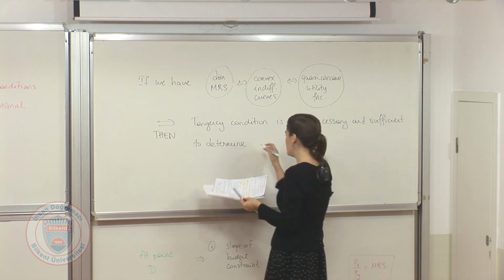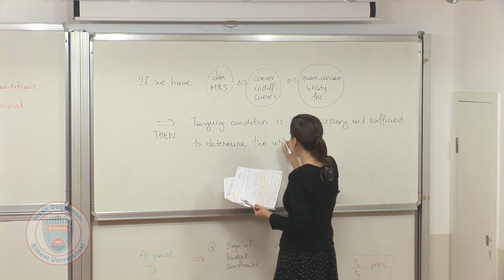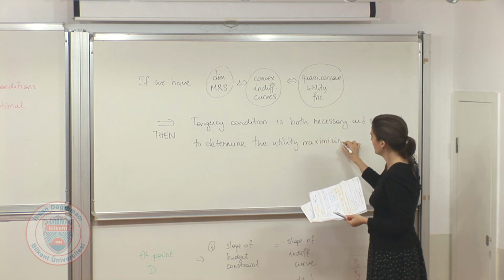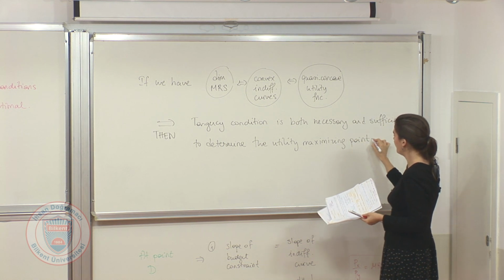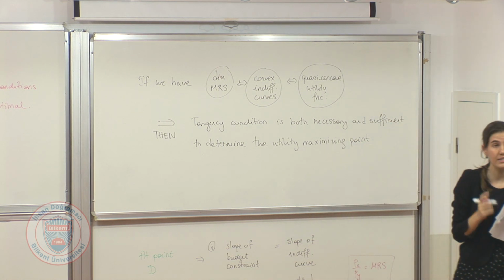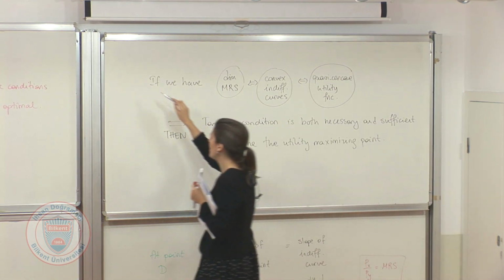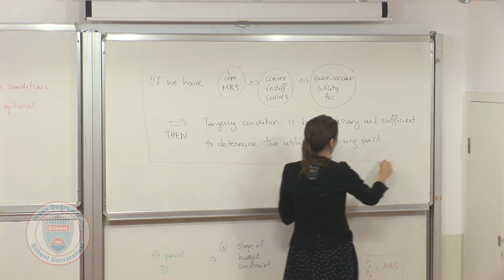So to determine the utility maximizing point. Which is good, which really saves us, because then you just check those conditions and you don't have to check anything else, okay?